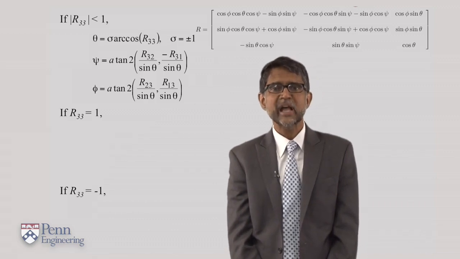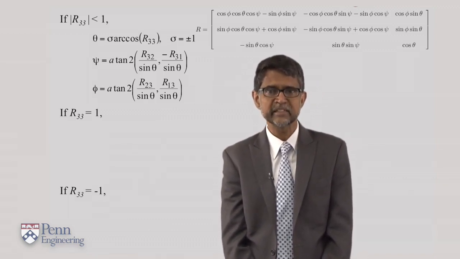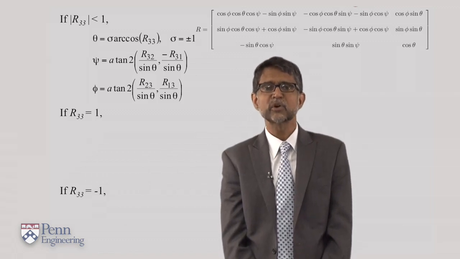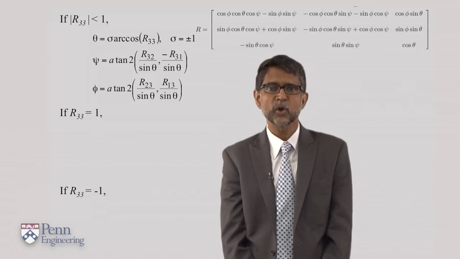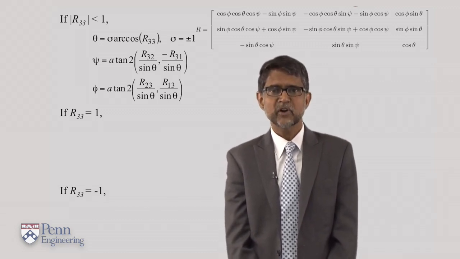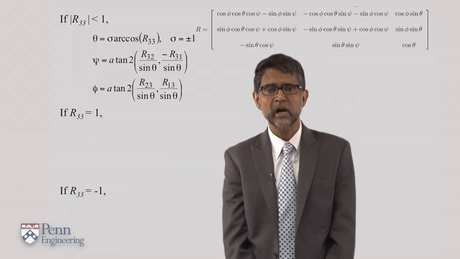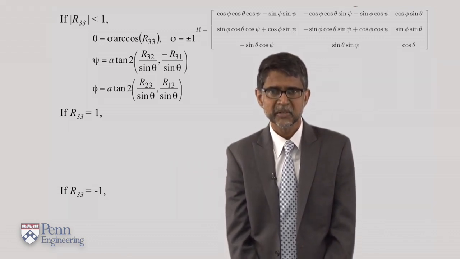You will notice that we had two pieces of information for both psi and for phi. And because of that, we don't use the standard inverse tangent function. We use something called the A tan 2 function. The A tan 2 function helps us overcome the ambiguity that exists in inverse tangent functions.